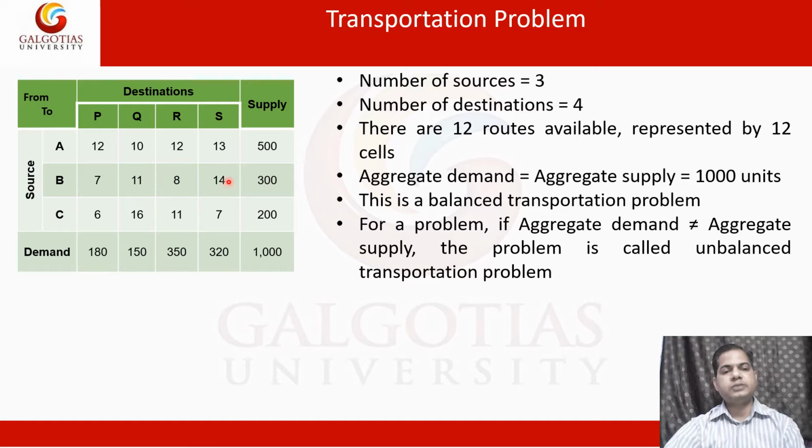Similarly, if I transport 300 units at this place, it will cost me 300 into 14. So from B to S, the cost will be 14 into 300. So this is basically a transportation model or transportation problem. Now we will solve this transportation problem with different methods to find the initial basic feasible solutions.